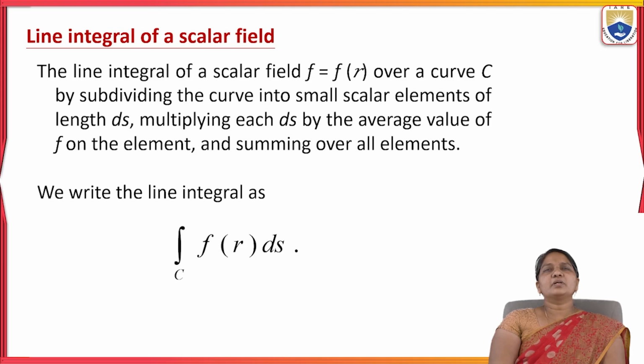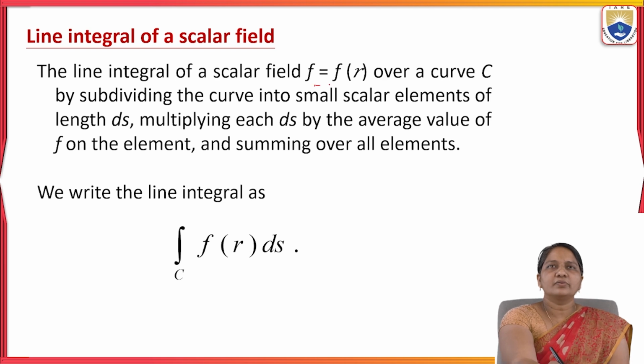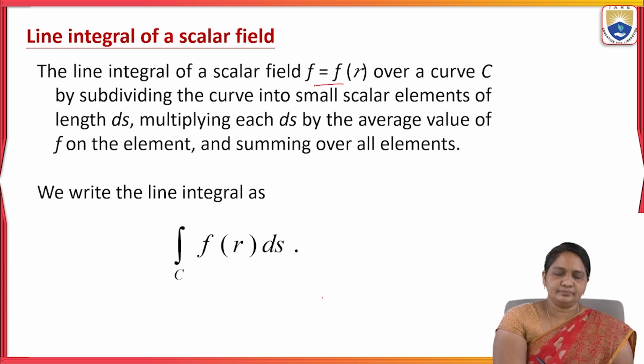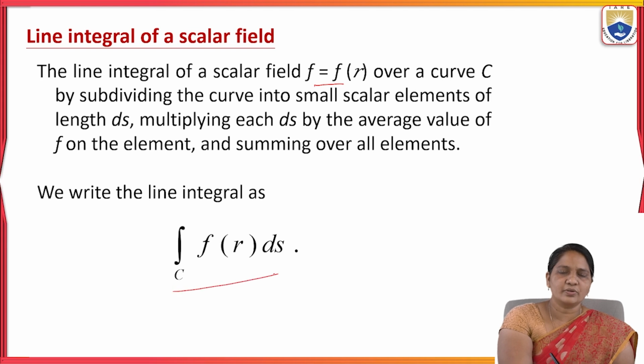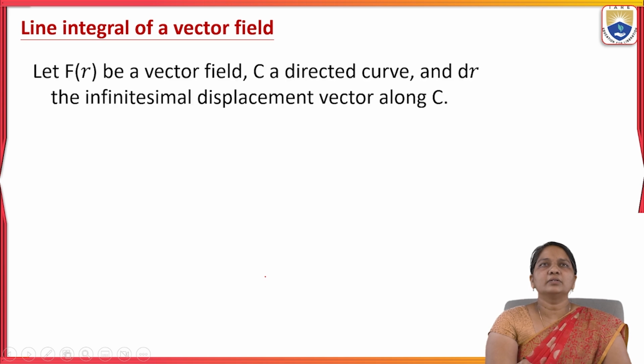So we can observe here the line integral of a scalar field. Here we are taking the scalar field f equal to f of r over the curve C, and we can calculate that line integral over the curve C by using this formula, integral over C f of r ds. And here this is the line integral of a vector field.